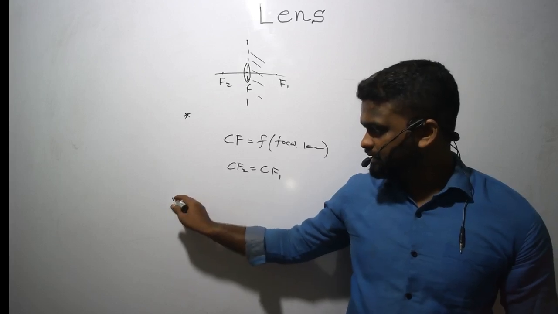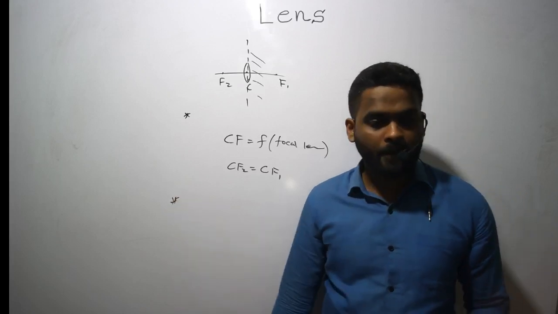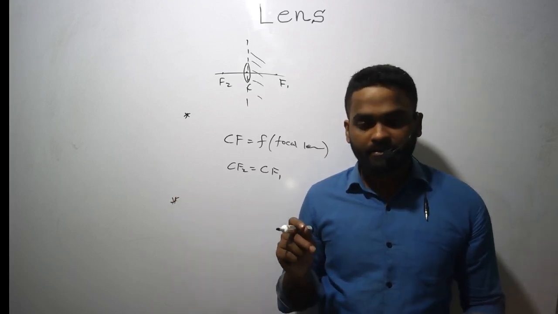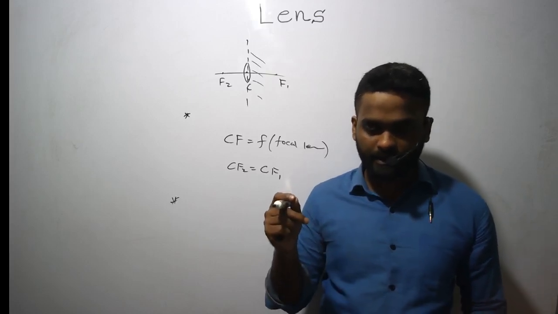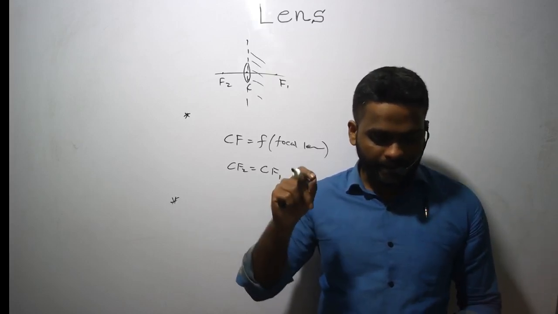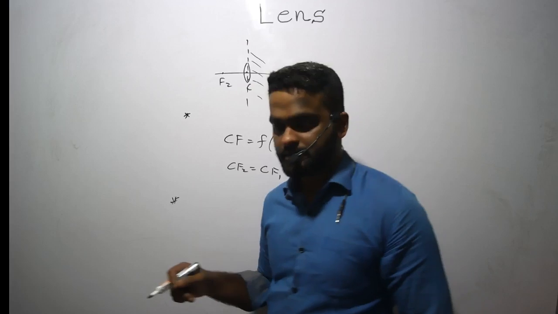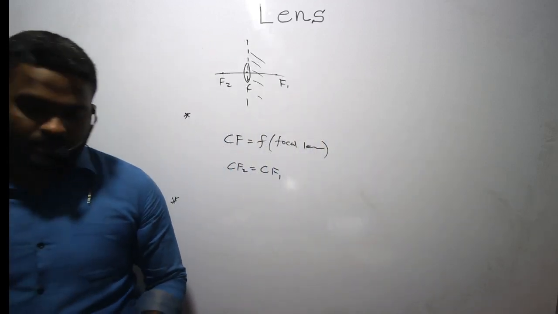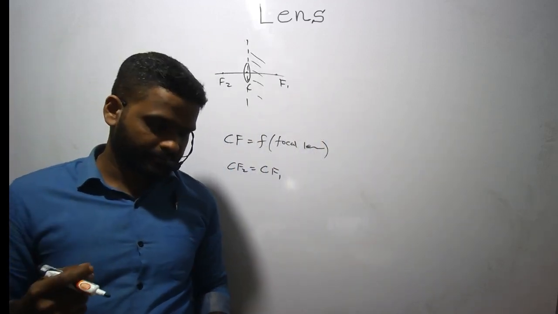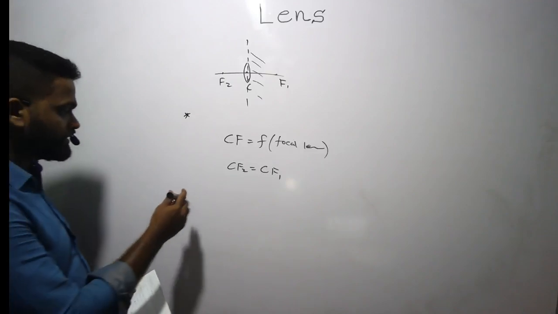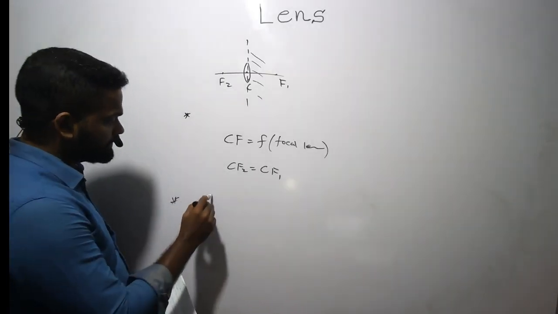Below this, another asterisk mark. Simple f, that is focal length, depends on the following factors. So what are the factors?